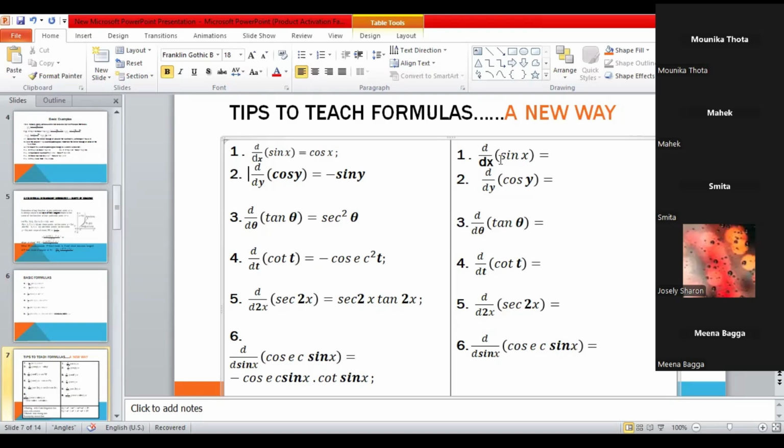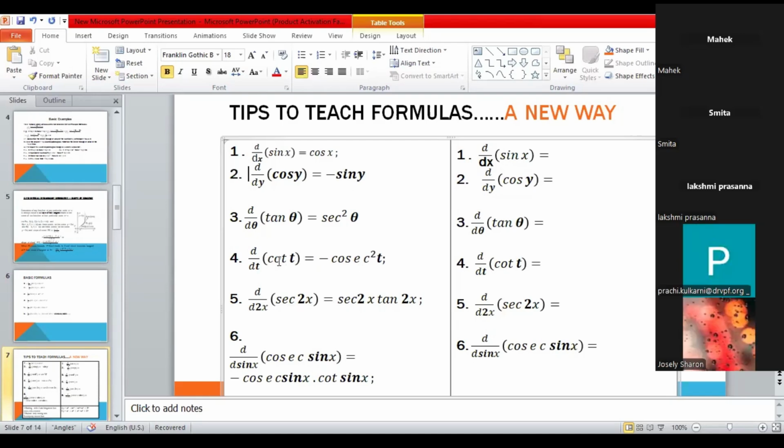Like the differentiation of sin x is cos x, but they have to learn that cos x is the differentiation of sin x. So sometimes you have to ask them what is the function whose derivative is cos x. By giving them the right hand side, you can ask what the left hand side is. Don't ask for formulas altogether.